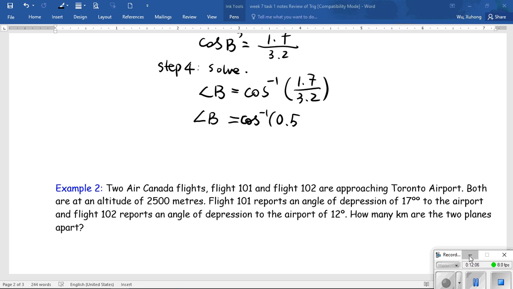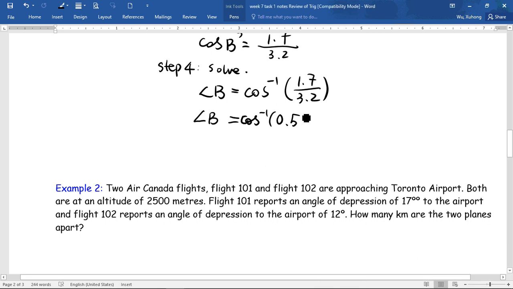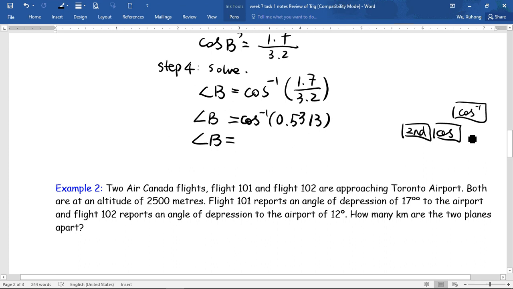So get your calculator out, do the division, 0.5313, then on your calculator type in second cosine, then you will see cosine inverse showed up, okay? So this is a button above, a symbol above your cosine. Then type in 0.5313.